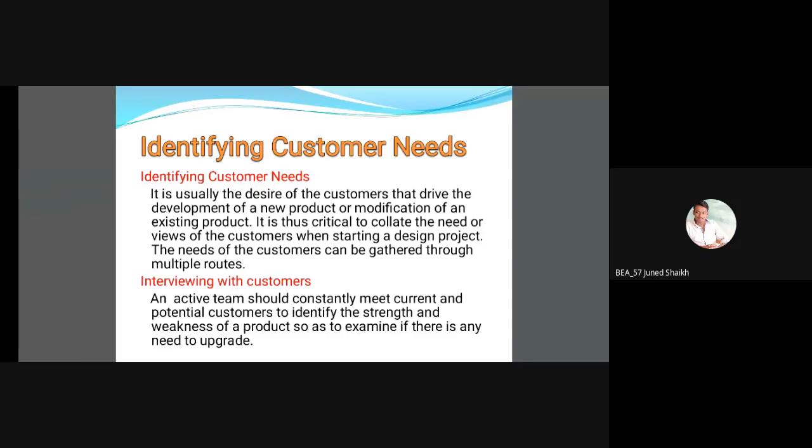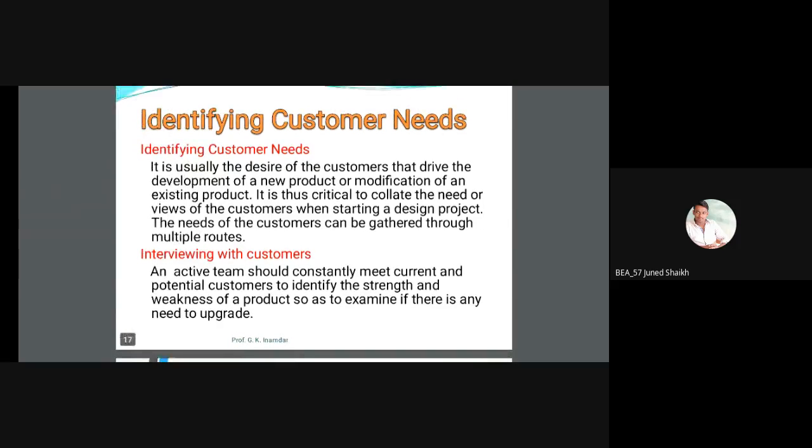Suppose some people are saying there is a headlight problem, or the sound is too loud, so definitely the company will take the feedback, take the required points from the customer, and they will implement that correction in their product. So interviewing the customer is also a requirement, and then only will we get customer satisfaction.